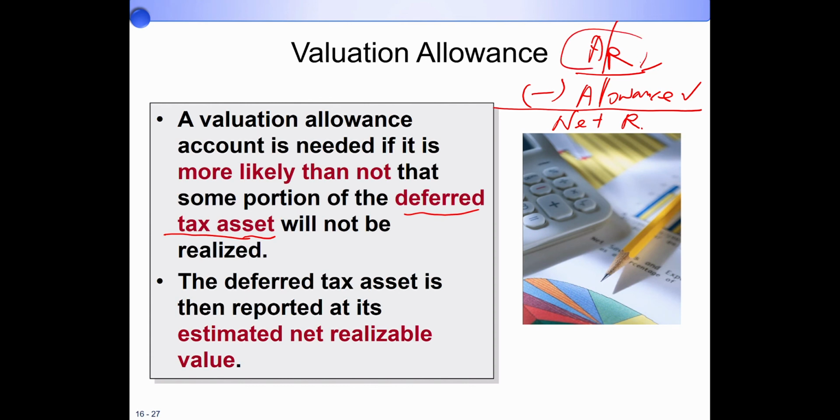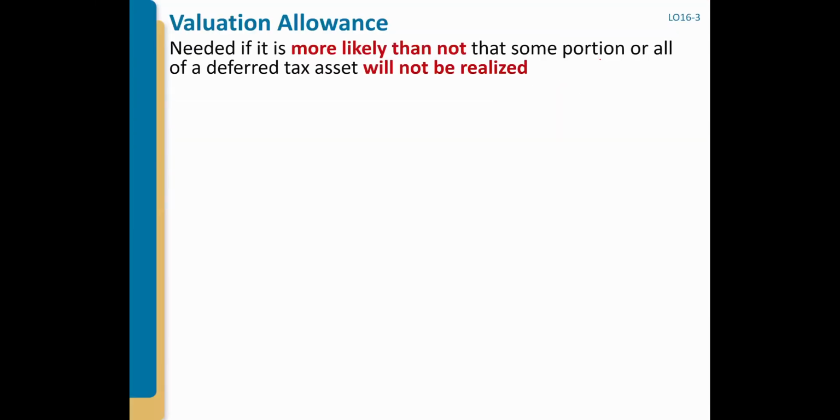We could have that situation called allowance, because sometimes some part of deferred assets will not be realizable, okay, will not be realized. So then you want to estimate that allowance. Okay, we call that valuation allowance. And valuation allowance is a contra deferred tax asset account. Okay, you need to subtract.